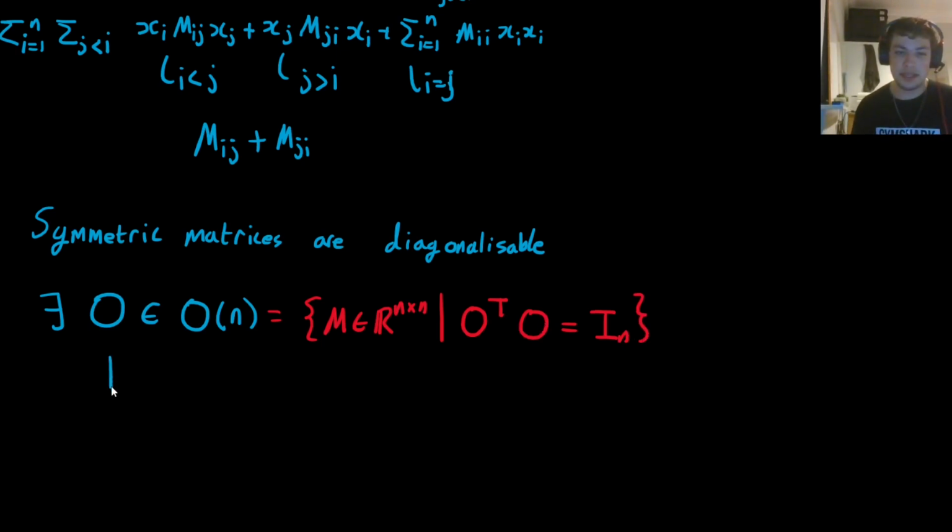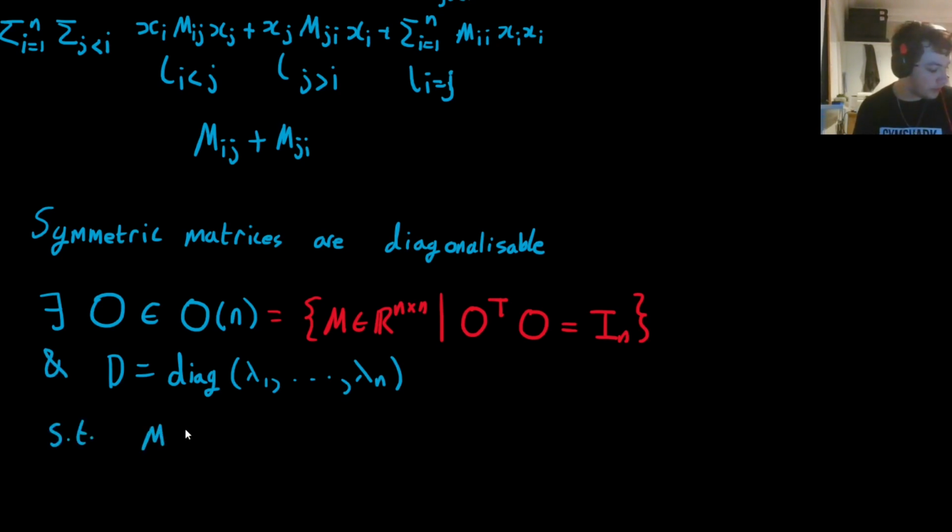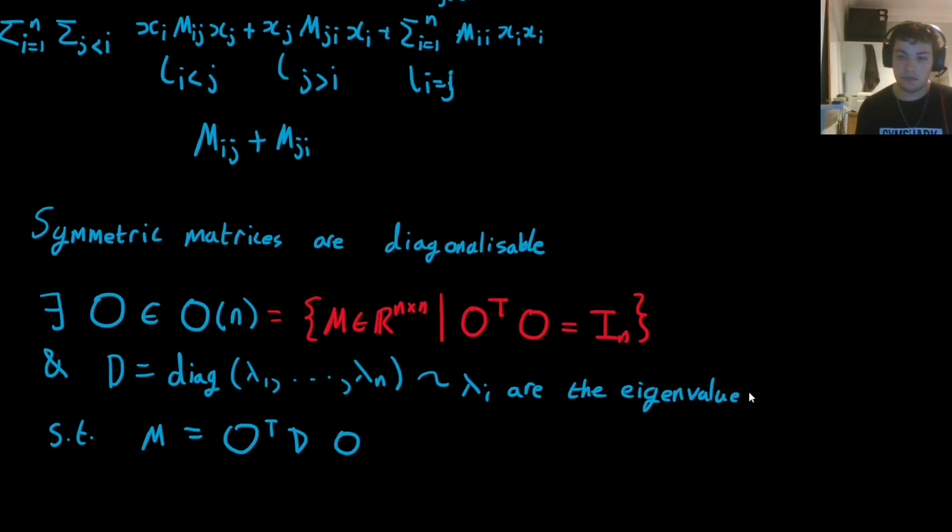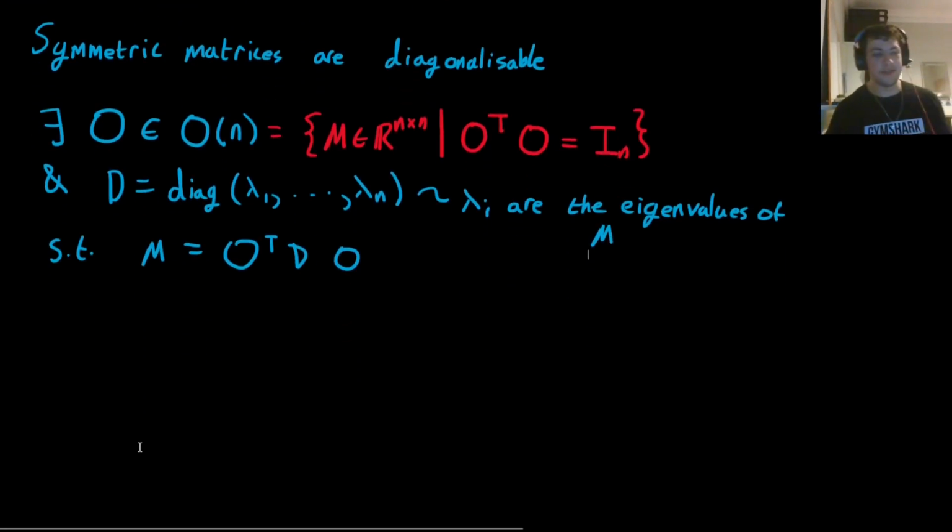And D, which is a diagonal matrix, so only elements on the diagonal, lambda 1 to lambda n, such that M is O transpose times D times O, and here the lambda i are the eigenvalues of M. That should make sense. If you don't know what an eigenvalue is, this is probably not the video for you. Go watch some linear algebra first.